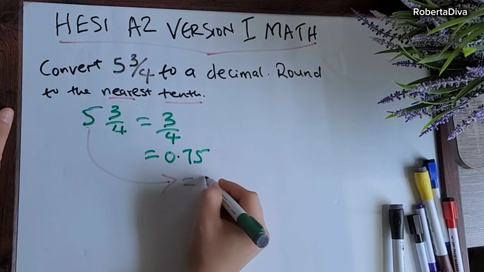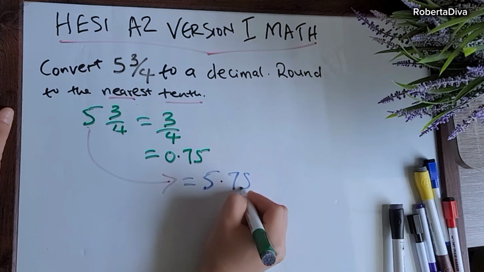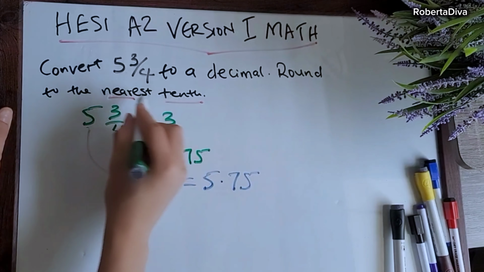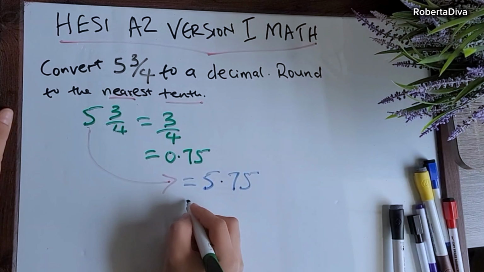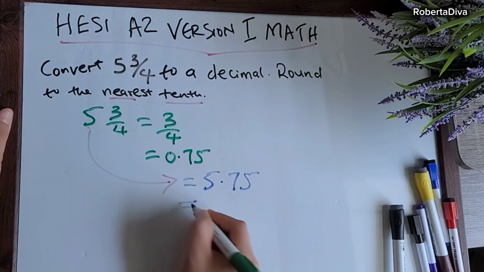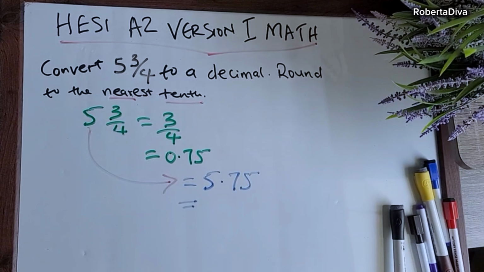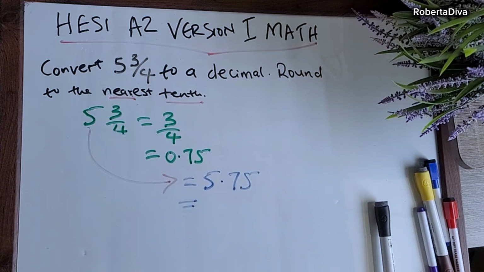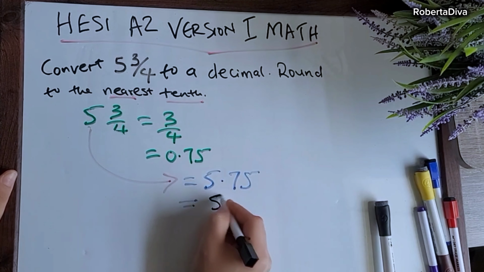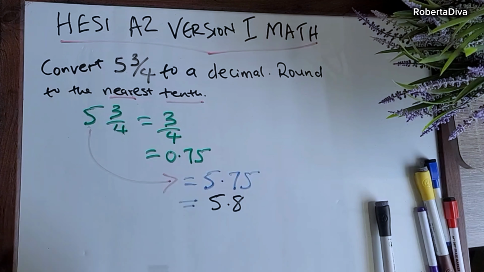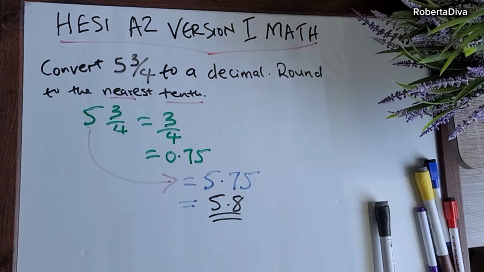That is the easiest way to solve this. And remember, round to the nearest tenth. So it's going to give you 5.8, because you have to approximate. Don't forget this in the exam. As far as the next number is 5 or above, you have to approximate.